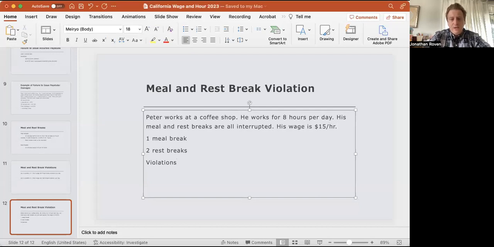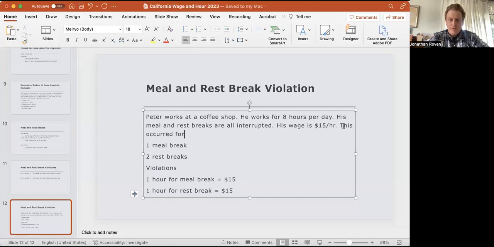So the violations are going to be 1 hour for the meal break, that's $15, and 1 hour for the rest break, that's $15.